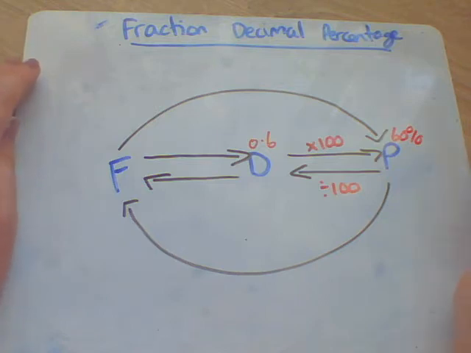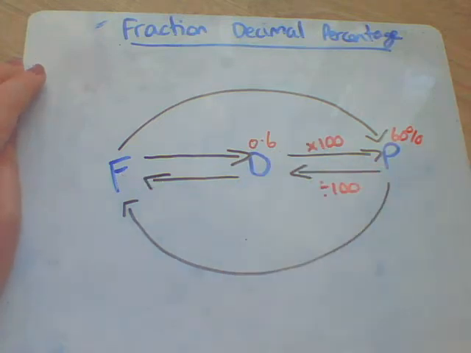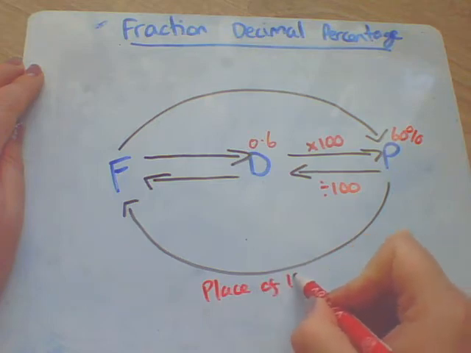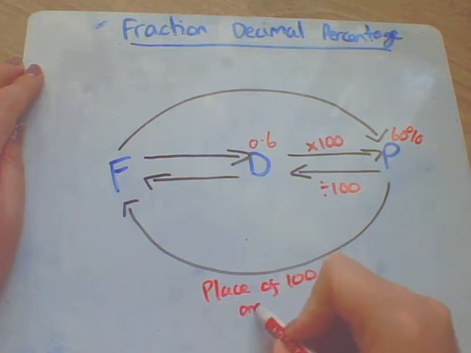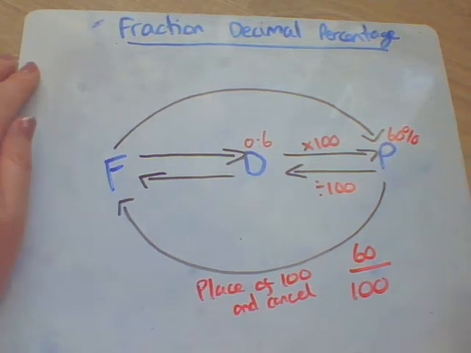Okay, I'm now going to turn 60% into a fraction. So what I'm going to do is place it over 100 and cancel. So that's 60 over 100, and I'm going to simplify that.